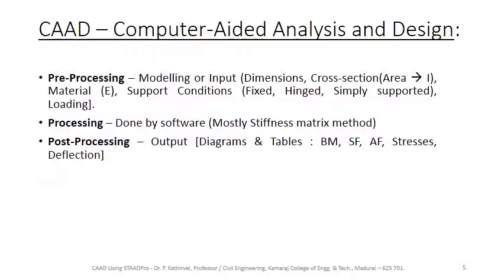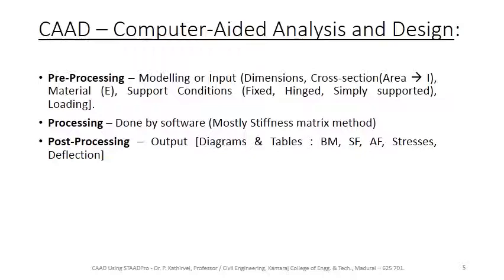From this cross section, the moment of inertia is arrived at, and along with that the material is specified, from which the Young's modulus E is taken as input. These 2 parameters are important for analysis, E and I, which are required to find the internal forces by analysis. And then support conditions are given, either fixed, hinged, or simply supported, and finally the loading on the members.